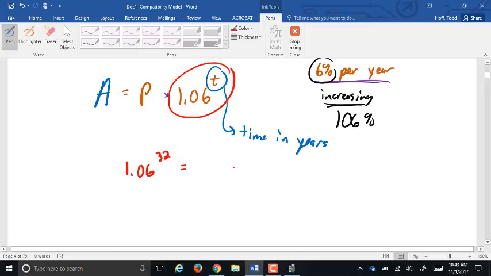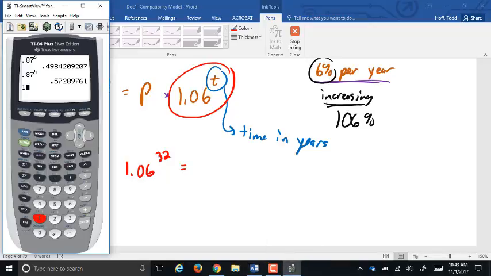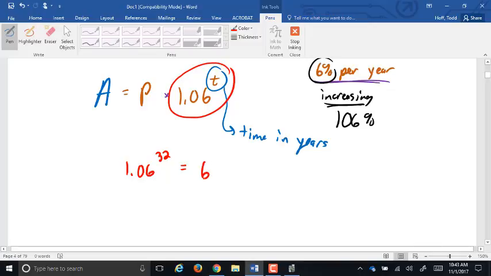1.06 to the power of 32 gives us what number? It's 6.453.